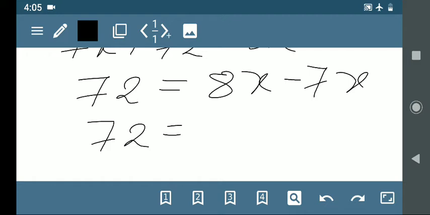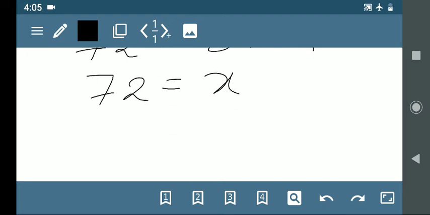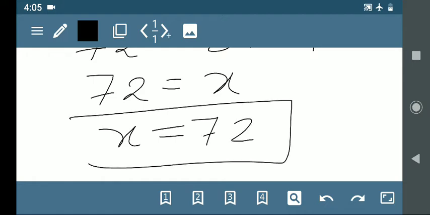So x is equals to 72. So therefore the total number of deer are 72. Okay, understood?